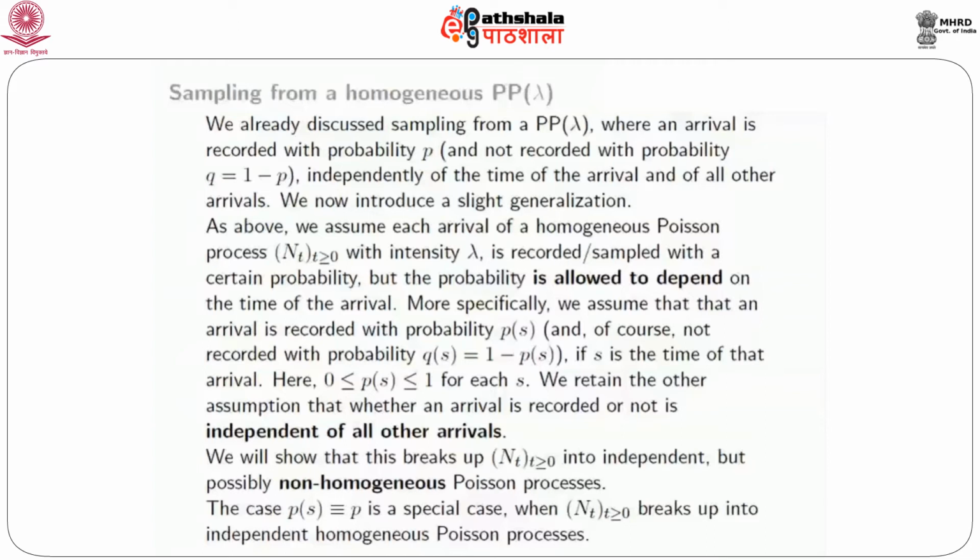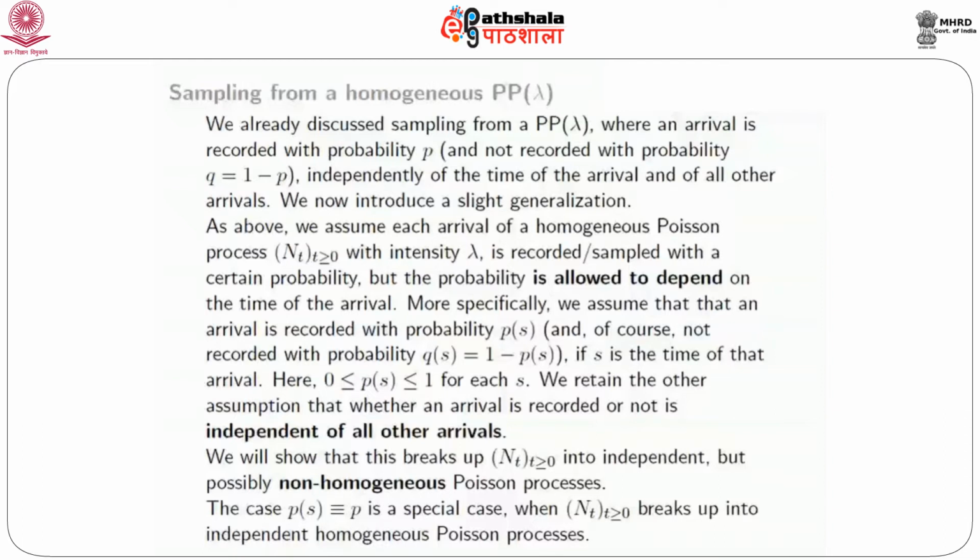But unlike before, where we assumed that the probability of an arrival being recorded or sampled is p, irrespective of the time of that arrival, we now assume that the probability that an arrival is recorded is allowed to depend on the time of the arrival. More specifically, we assume that the probability that an arrival is recorded is p(s), where p is a function, not a constant, if s is the time of that arrival.